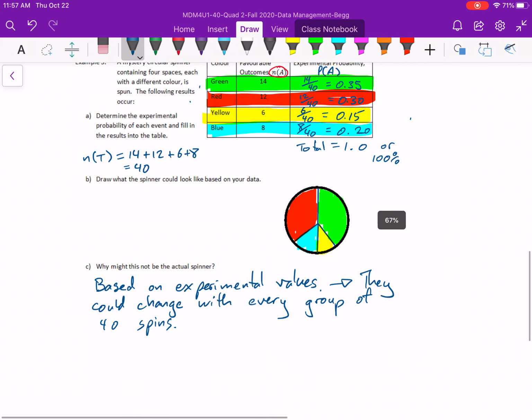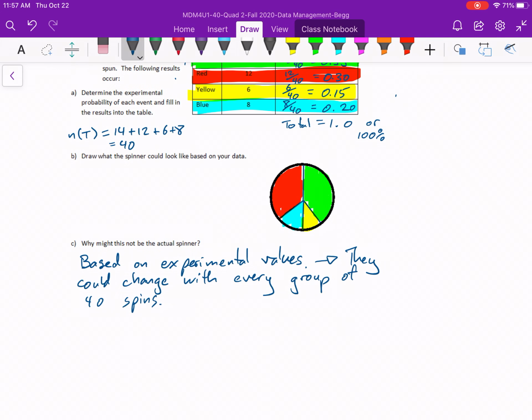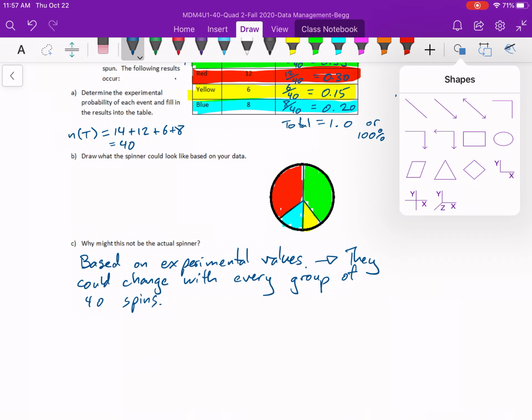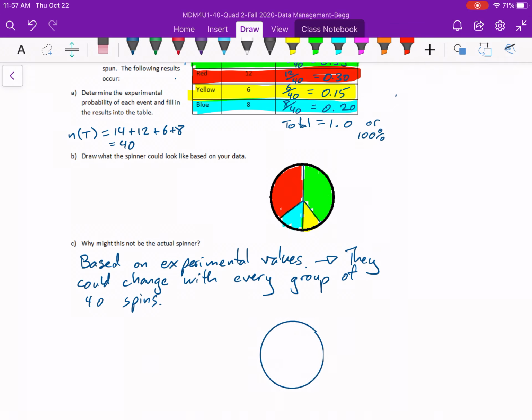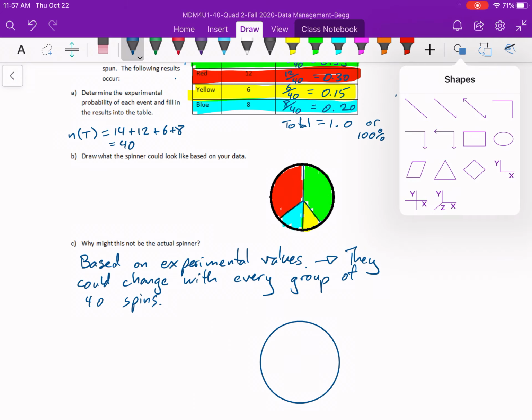And in fact, maybe what my spinner looks like might even look more like this. Let's see.